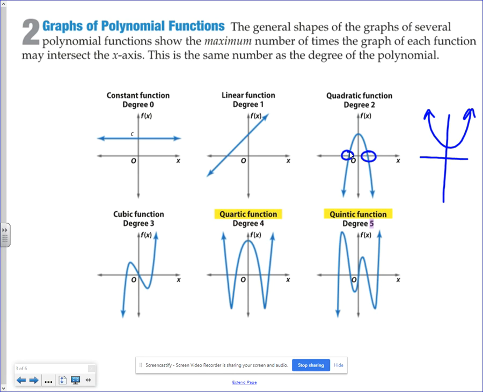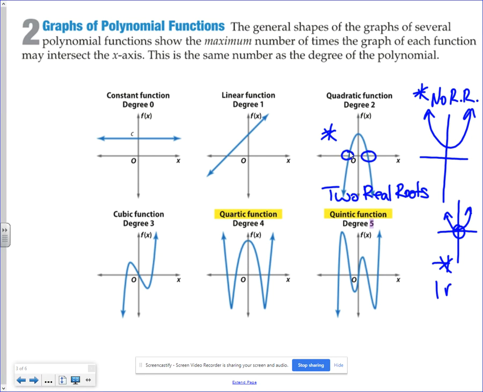If we graph this one, it would only cross the x-axis at 1 point. So this example here has 2 real roots. This example here doesn't cross the x-axis, so it has no real roots. And then the last one I did right here has just 1 real root.